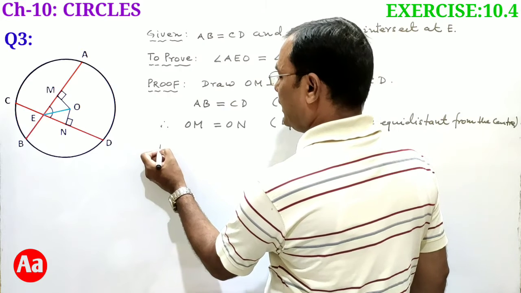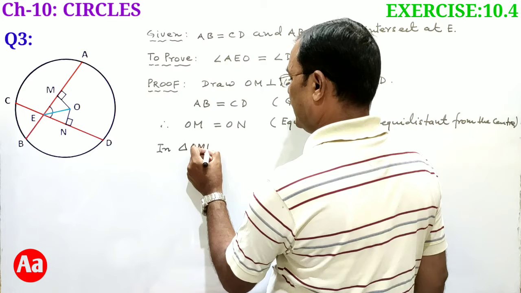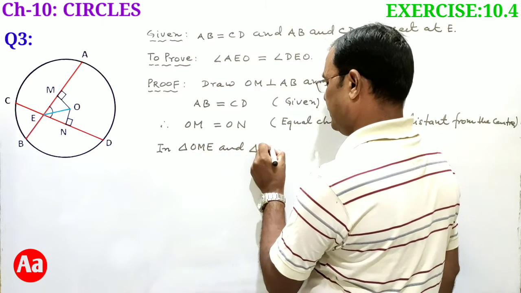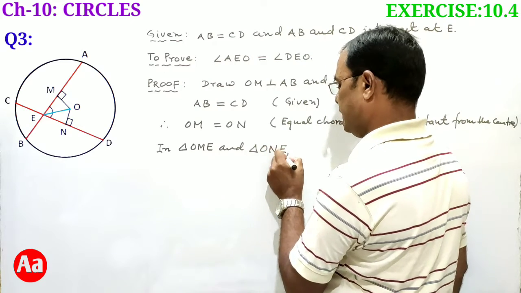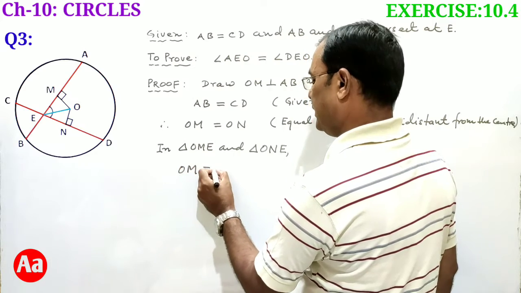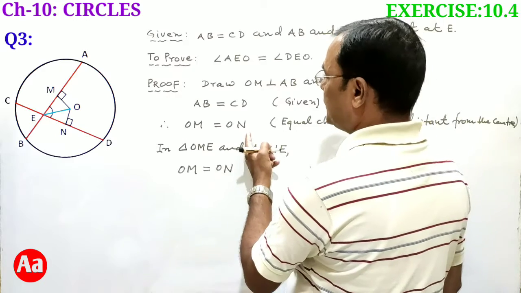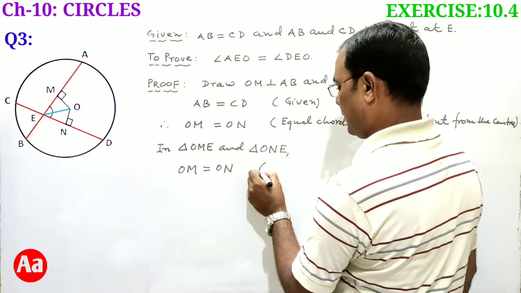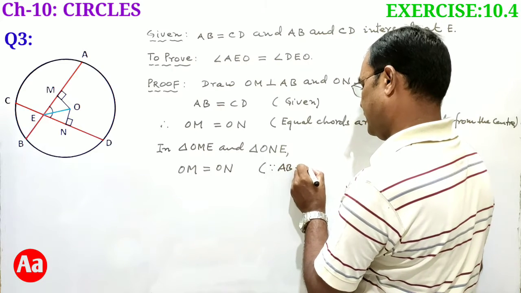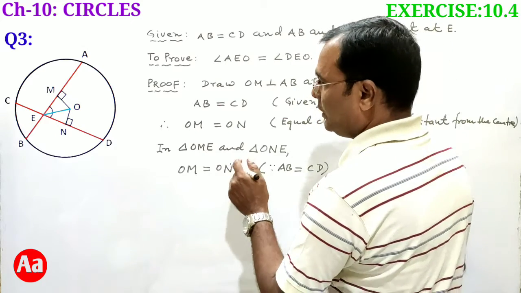So in triangle OME and triangle ONE, OM is equal to ON. It is written here because AB is equal to CD, so equal chords are equidistant.